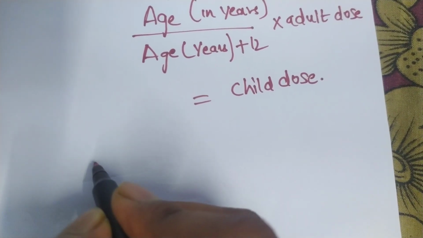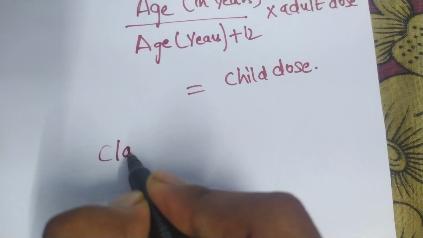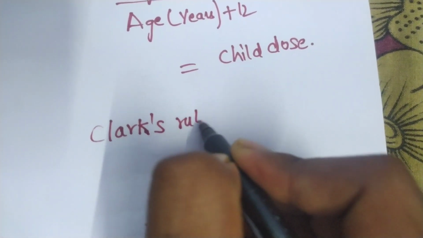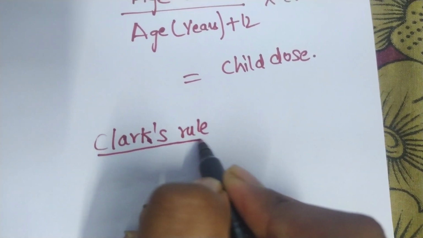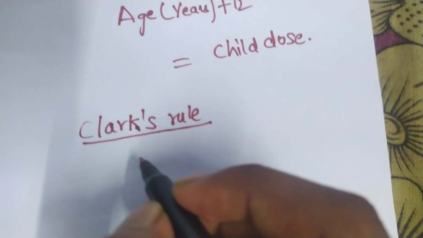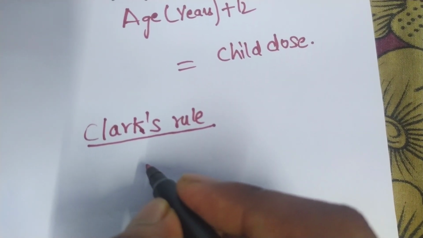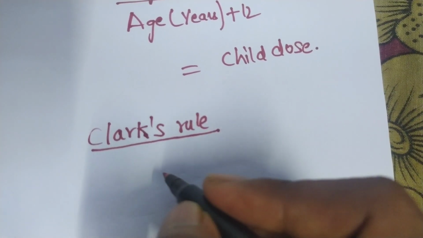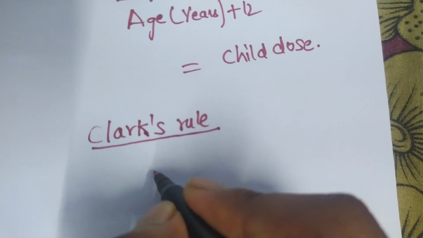And the next formula is Clark's rule. When the weight is given in pounds, we can use this formula, or we can use both these formulas for calculating child dose.